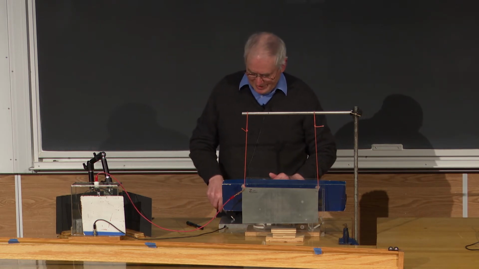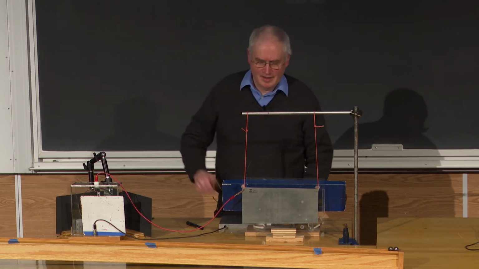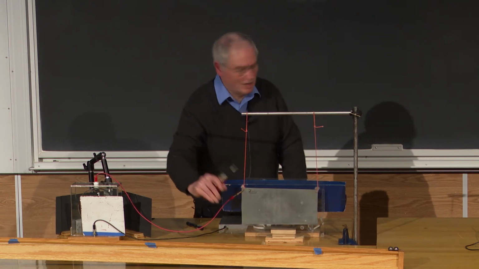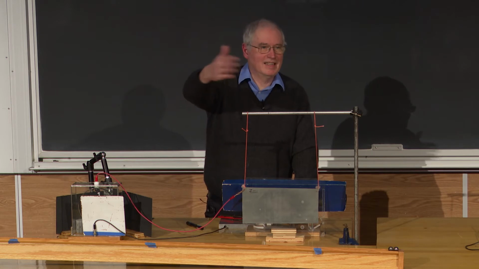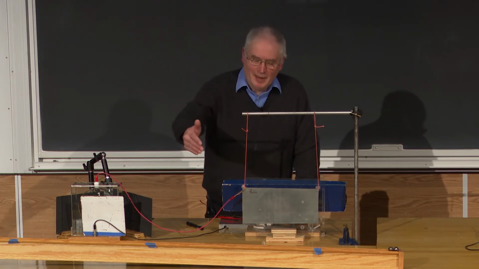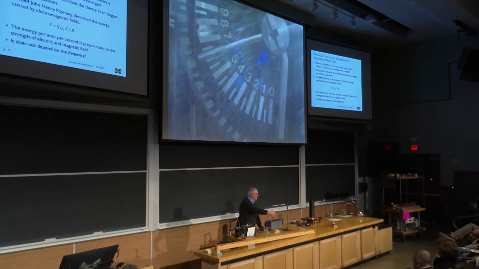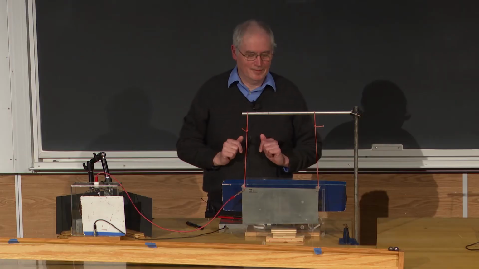So I can take this and charge the plate up. And there you see the needle on the electroscope has moved. And that charge is just staying there. Now, even though it's in this intense light. So I would expect from Poynting's equation, the light that's coming from these lamps to discharge this plate.